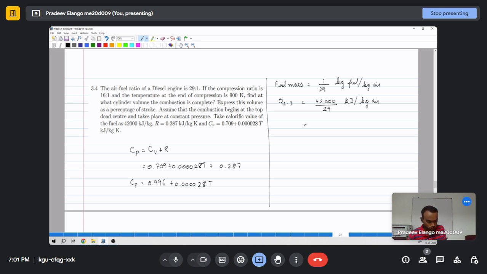But we need to consider the total mass here, so the total mass will be 30.